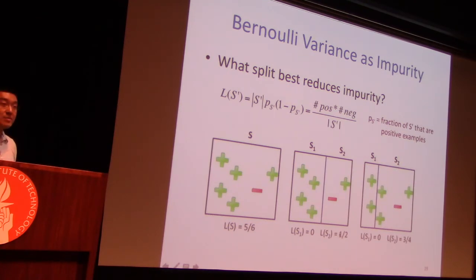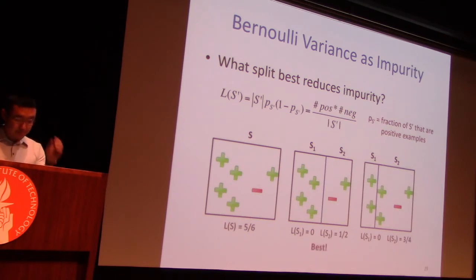So if we want to maximally reduce the impurity, and these are the two that we were considering, we would choose this split over this split, even if we're just doing greedy, myopic top-down induction, just choosing one split without thinking about future splits. So this would be the best split.